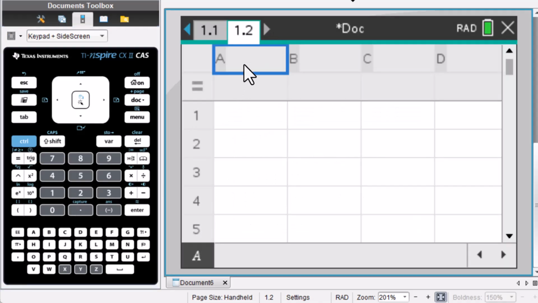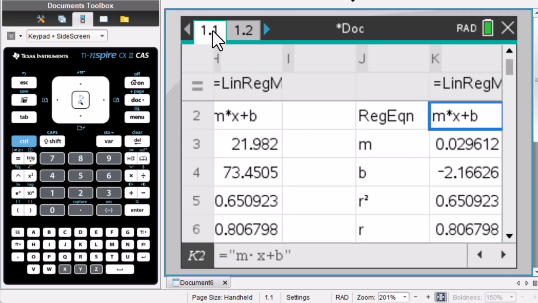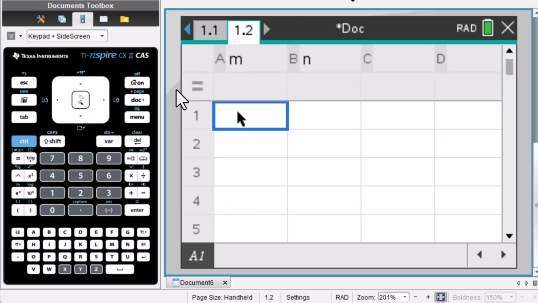This time, we will label as M and N because we already labeled P and Q for page 1.1. Then type in the rank.